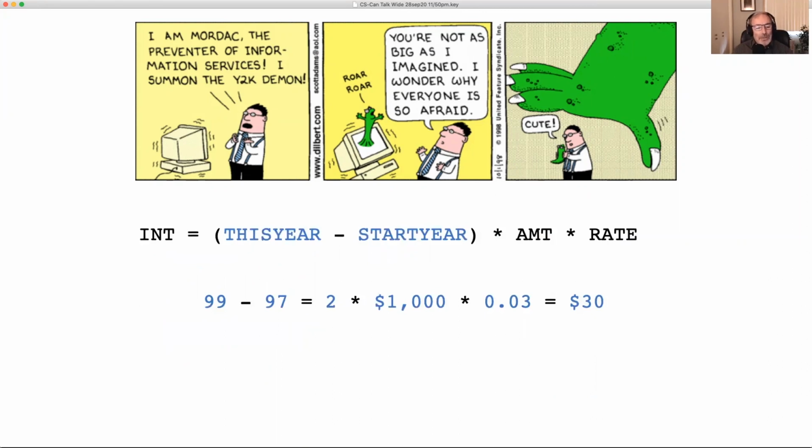What's going on here is that for centuries, people had been representing in accounting books the year as 2 digits rather than 4. So they would put 99 for 1999 and 97 for 1997, and had been doing so, as I say, for a couple of centuries on paper.